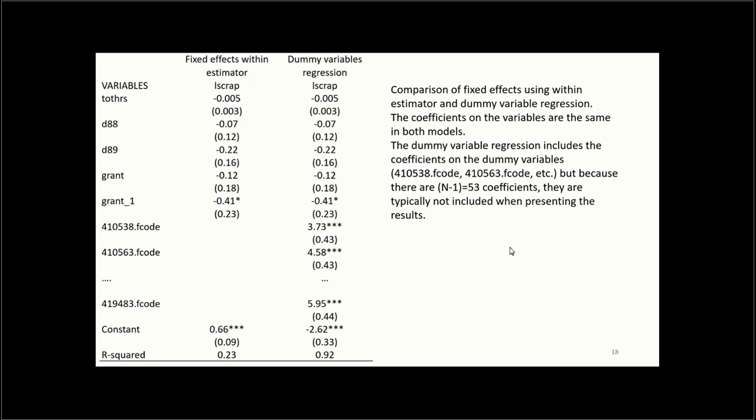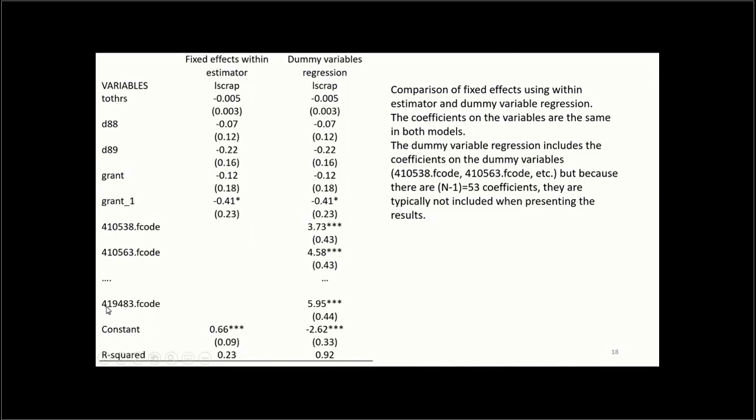Now let me show you the same results that we had on the previous slide. So this is the fixed effects or the within estimator. And here we have the dummy variables regression. Notice that the coefficients here are absolutely identical between the two models, but the dummy variable regression also includes these coefficients. This is a dummy variable equal to 1 if the firm code is equal to this number, else it is equal to 0.